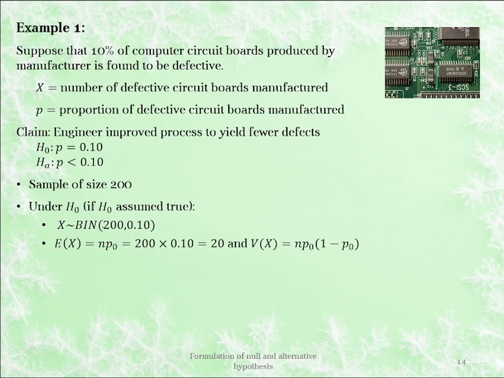Remember, our sample size is 200, and the proportion of defective ones is 0.1. And from this, in terms of the value of X, we can say the expected value of X, if X is binomial, is just going to be 20. So it's 0.1 times 200.